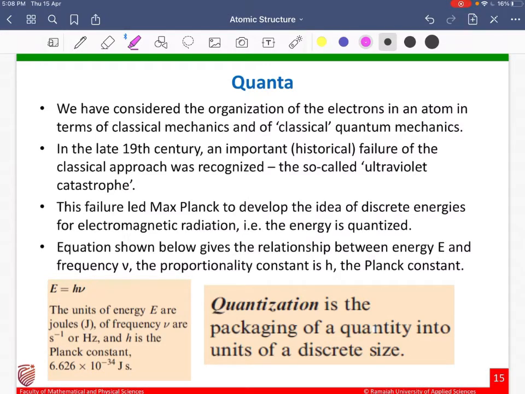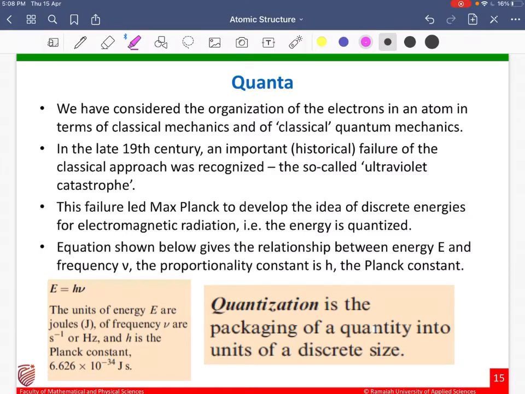We have considered the organization of electrons in an atom in terms of classical mechanics and classical quantum mechanics. In the late 19th century, an important failure of the classical approach was recognized, the so-called ultraviolet catastrophe. This failure led Max Planck to develop the idea of discrete energies for electromagnetic radiation.